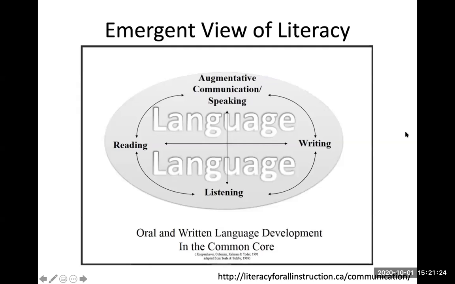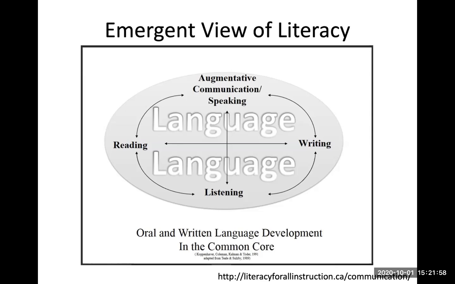So this is the emergent view of literacy. And what this model tells us is that all of these skills that you see in front of you develop simultaneously. Decades ago, we thought that first babies learned to become listeners, and then they learned to talk. Once they learned to talk, then they were ready to learn to become readers.